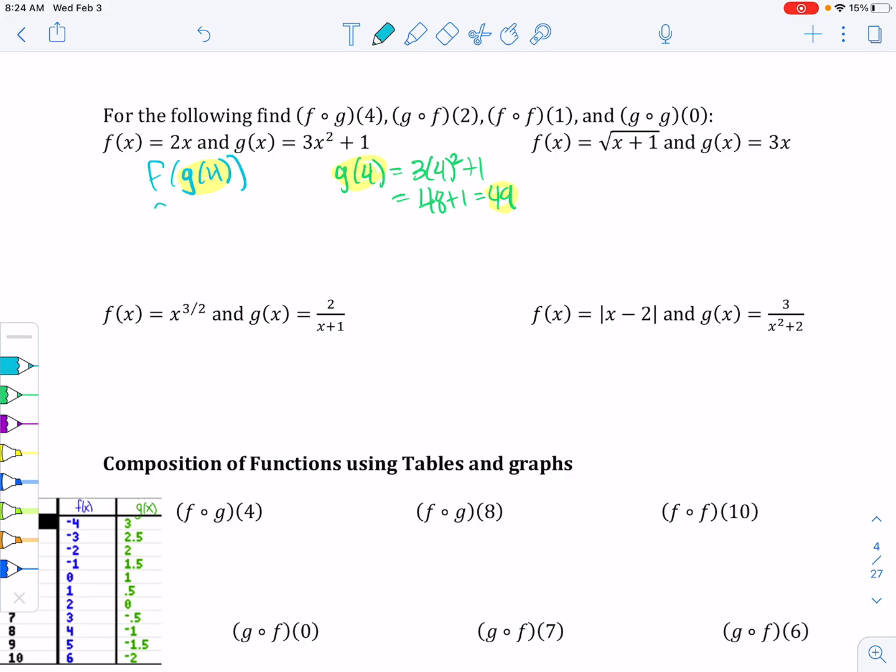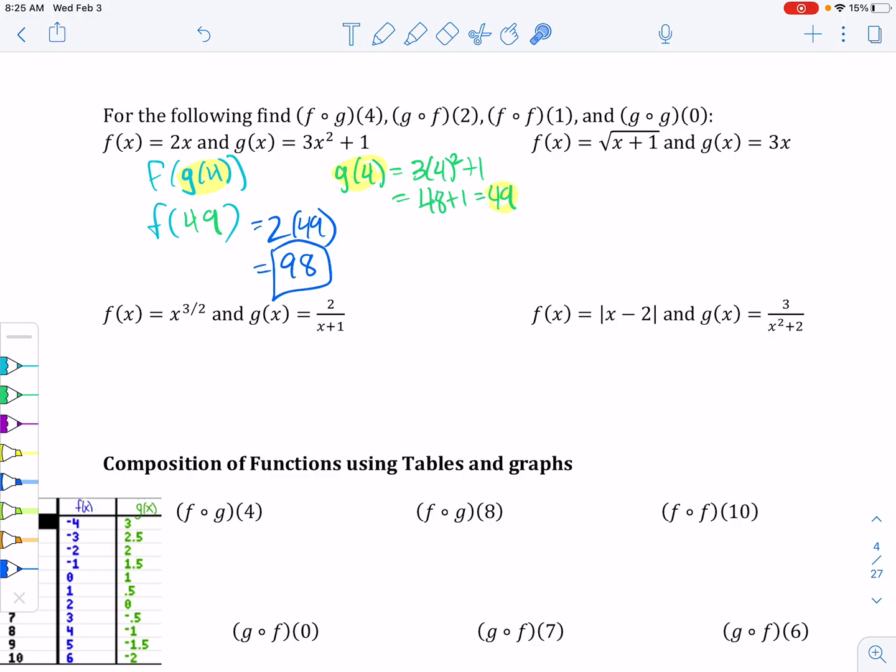So that gives us f of 49. This y value becomes our new x value for the f function. So now I'm going to plug in 49 for f of x. Then I'm going to do 2 times 49, which gives us 98.